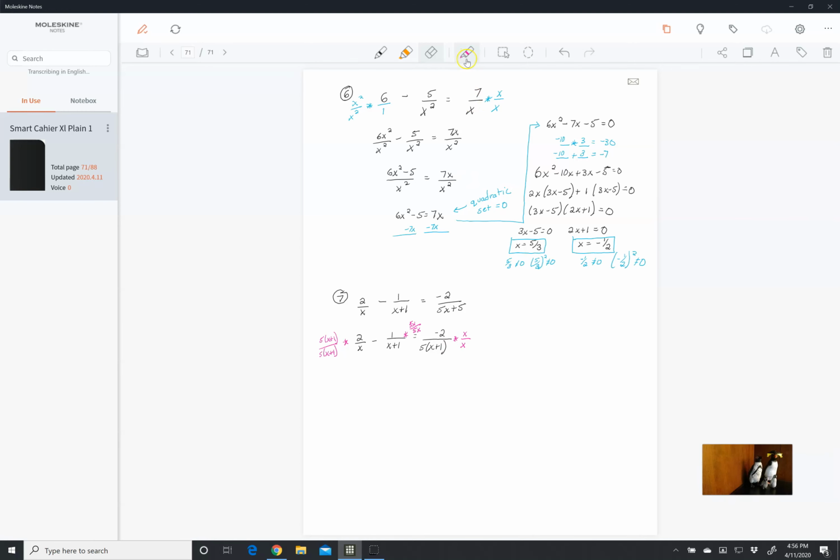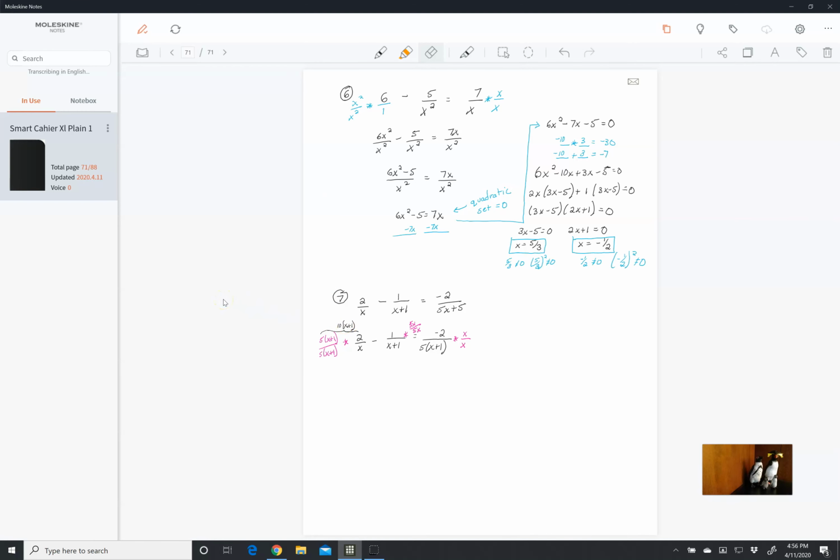Okay, so now we're ready to combine our fractions. So here, 2 times 5 is 10. So I'm going to put this in here as 10 times x plus 1. We can multiply the 2 times the 5, and I want to do that because now we can distribute that 10. Okay?